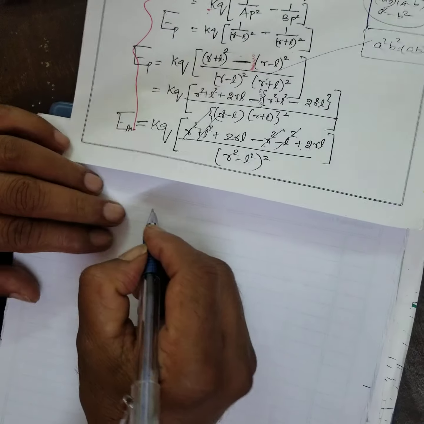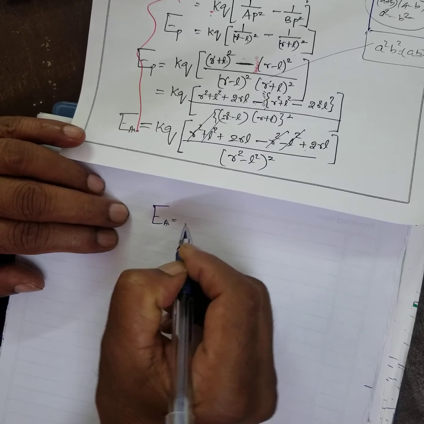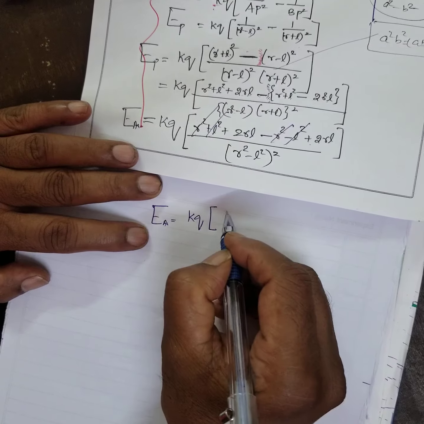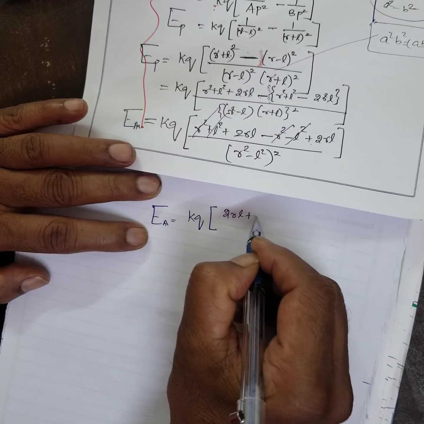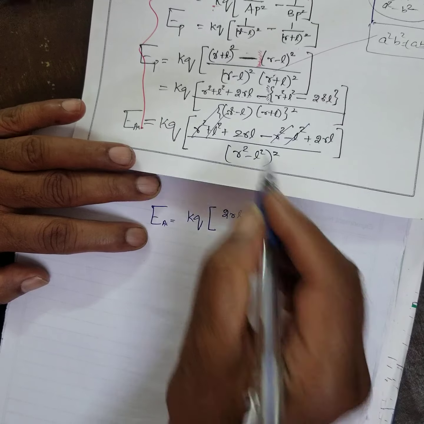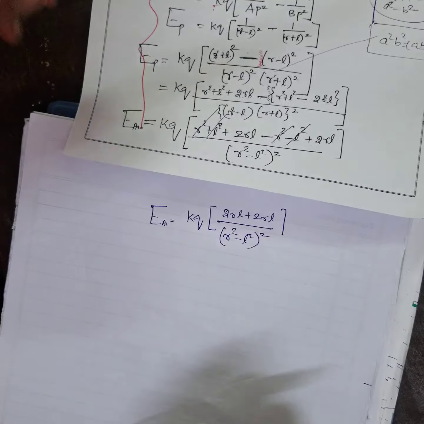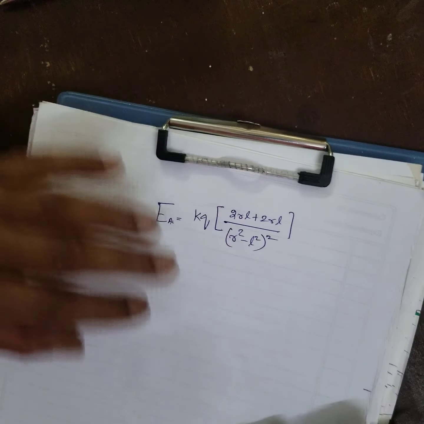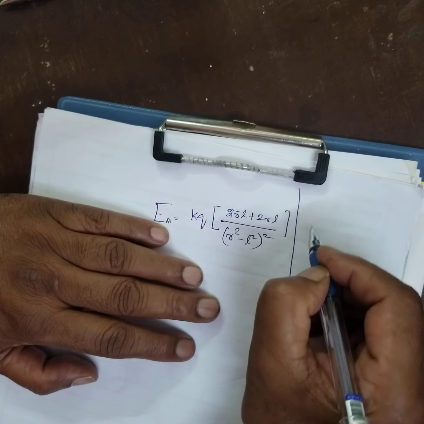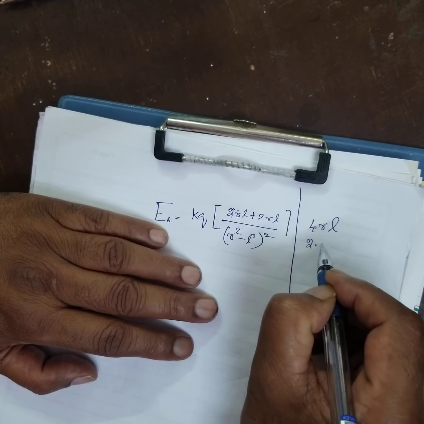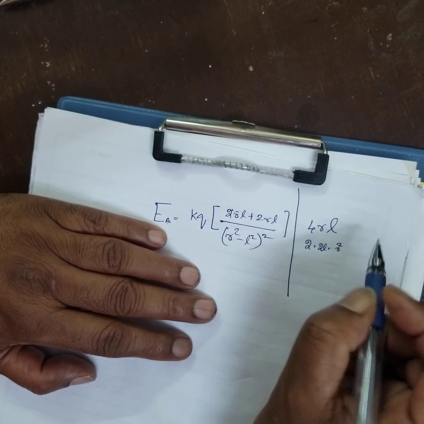Therefore, electric field E on the axial line is equal to KQ, what do you get? 2RL plus 2RL by (R square minus L square) the whole square. Now 2RL plus 2RL is 4RL, or 2 into 2L into R, you can write it.